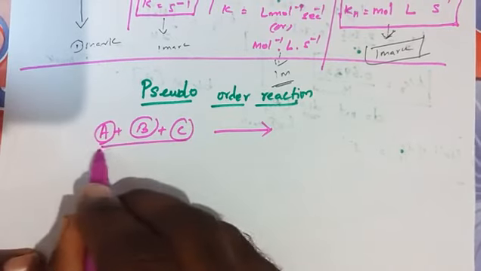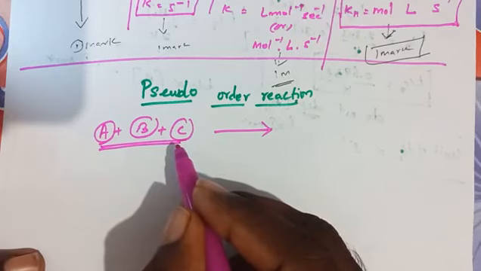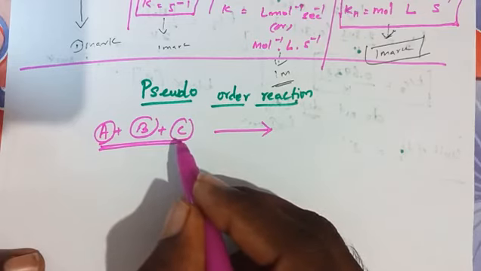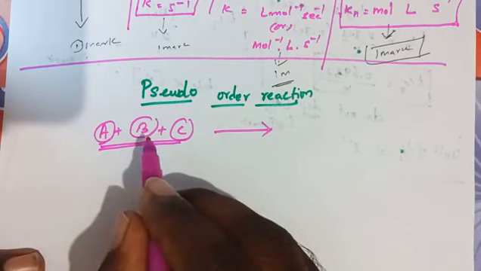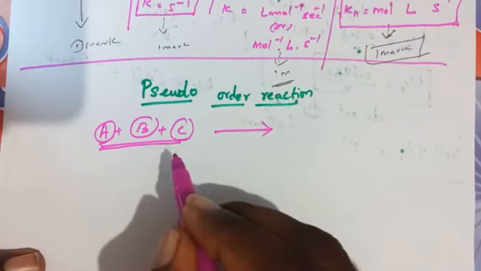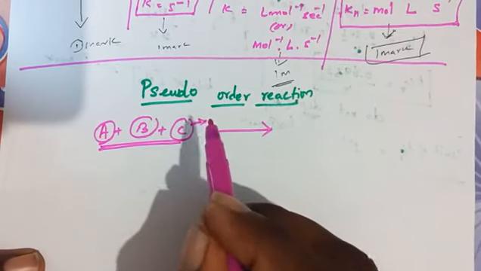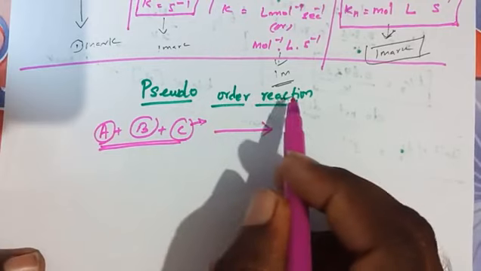These difficulties are mostly present in higher order reactions only. To avoid this difficulty, a higher order reaction can be experimentally converted into a lower order by taking excess of any one reactant concentration. This is called pseudo order reaction.